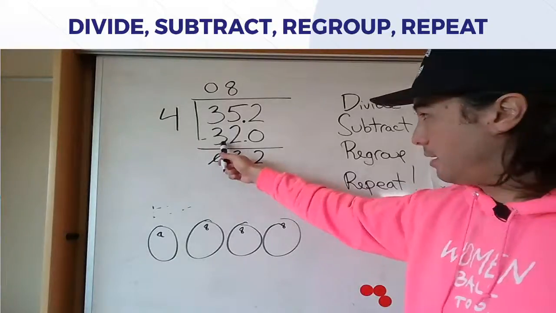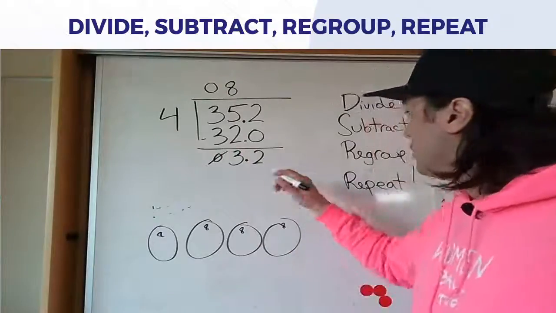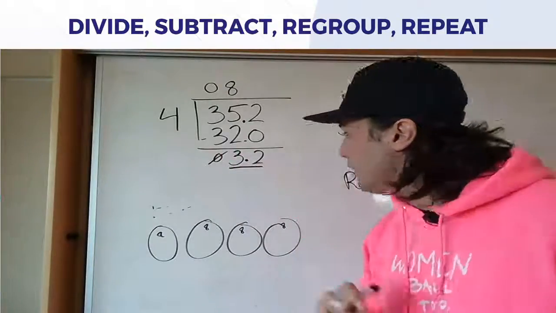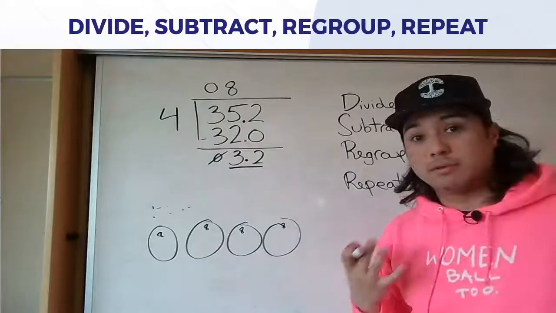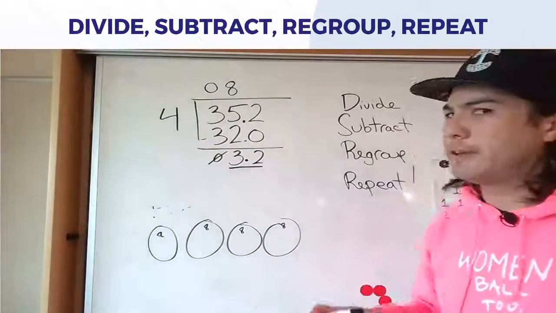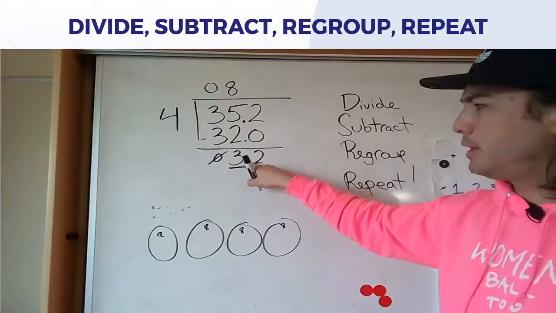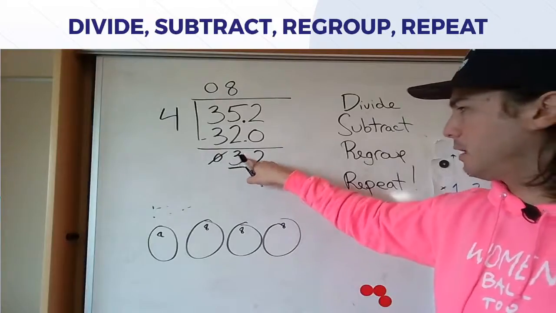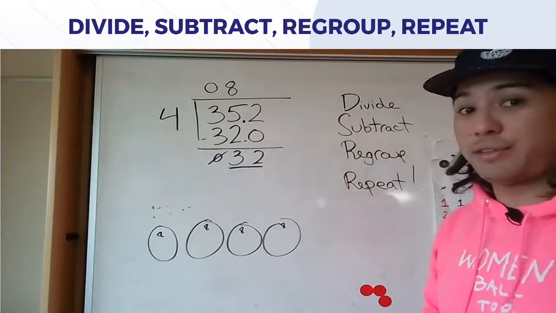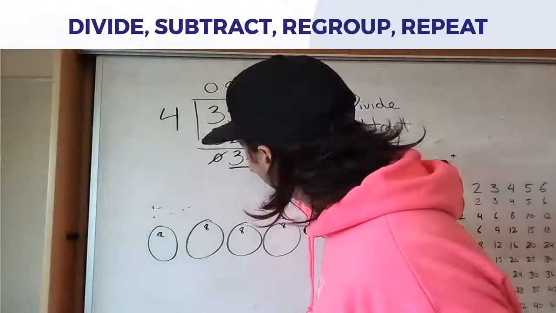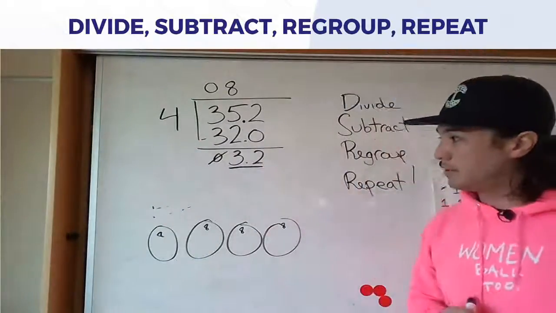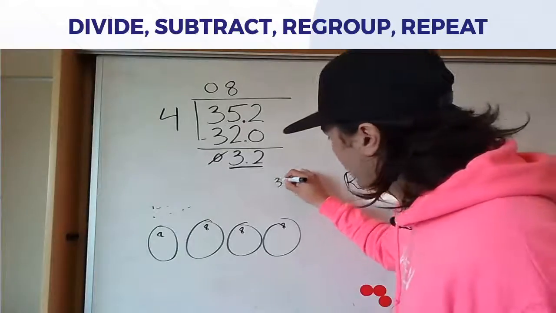That looks a lot like the 32 here, right? So we regroup, and essentially we are dealing with this as 32 tenths. Often this decimal point in the middle will throw people. But it is still 32.